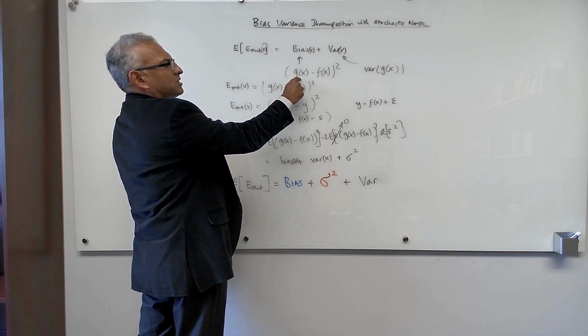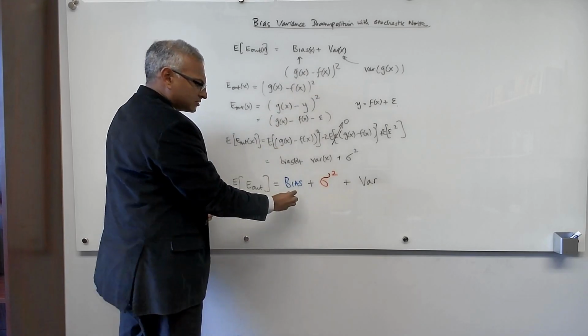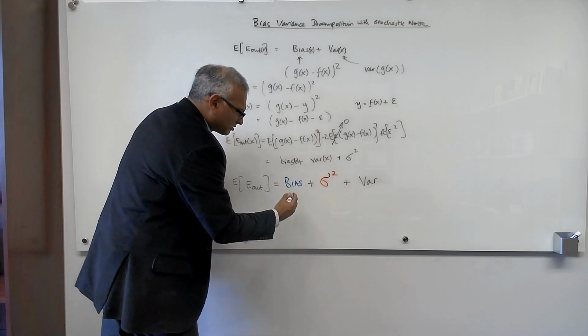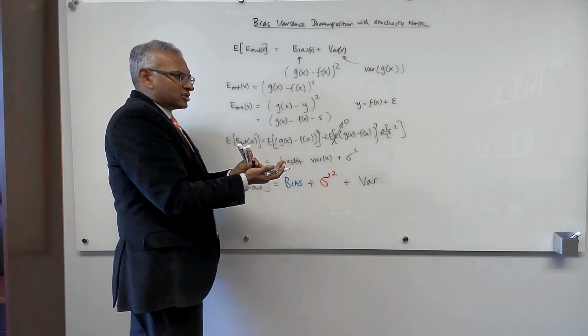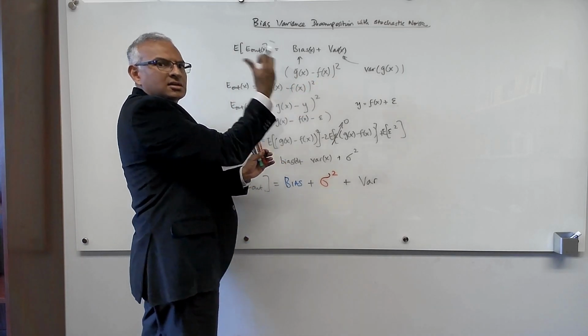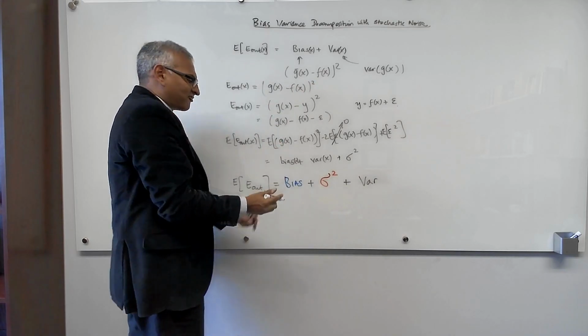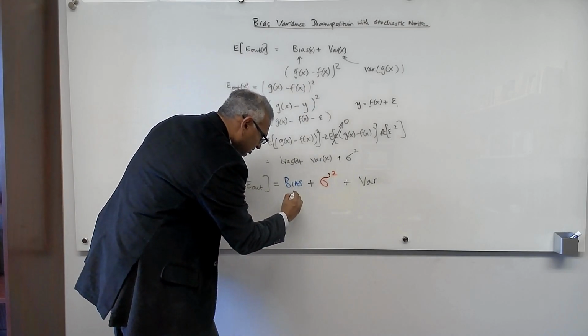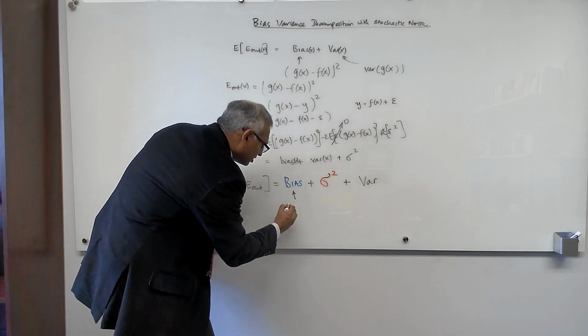It quantifies the deterministic noise. It's the difference between the best H star in our previous discussion and F, and H star is roughly speaking G bar of x. So this can be interpreted as the deterministic noise.